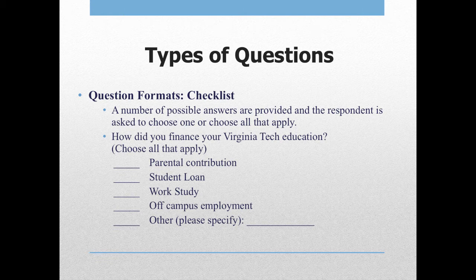You always want to have an other at the end, and we'll talk more about that in a little bit. This one may be appropriate for having 20 or 30 or 50 things, because then I can read through them and check off all that apply, as opposed to just giving me 5 options, and I'm like, wait a minute, you didn't list mine.